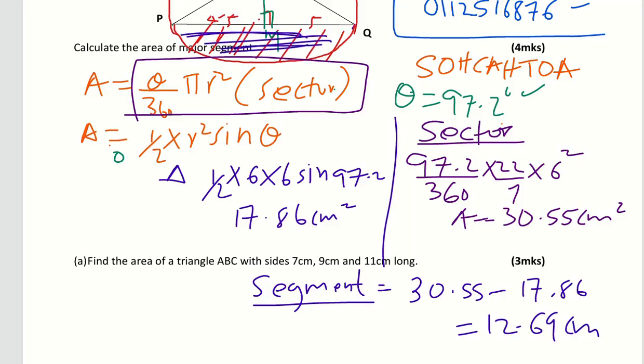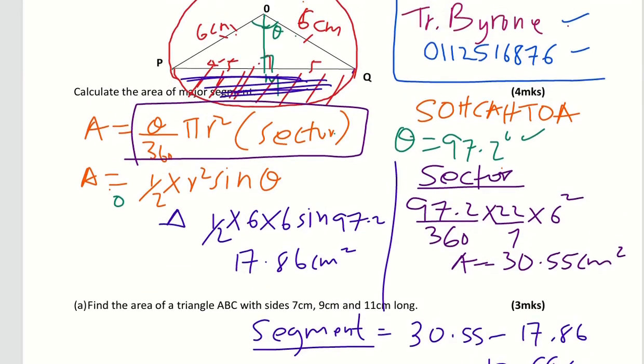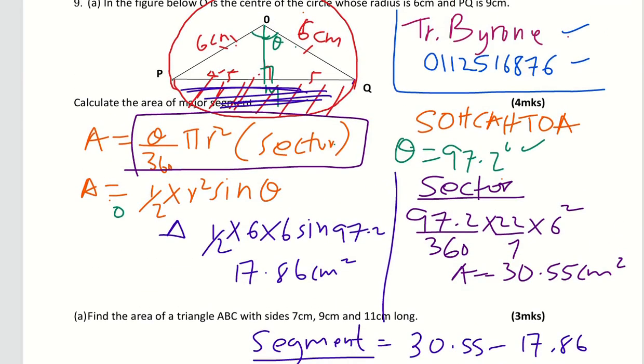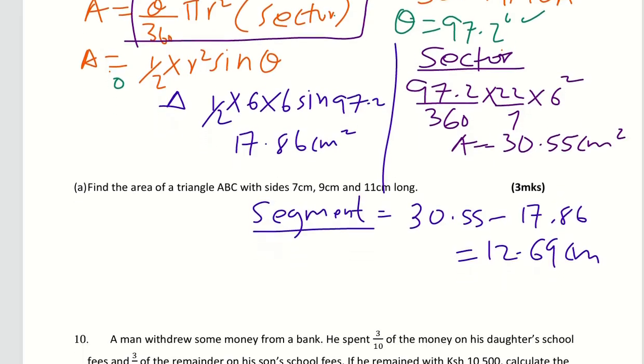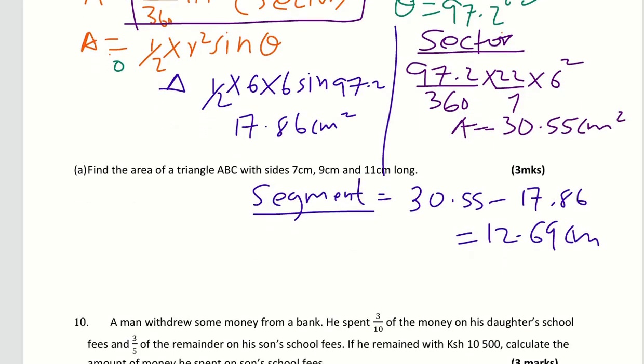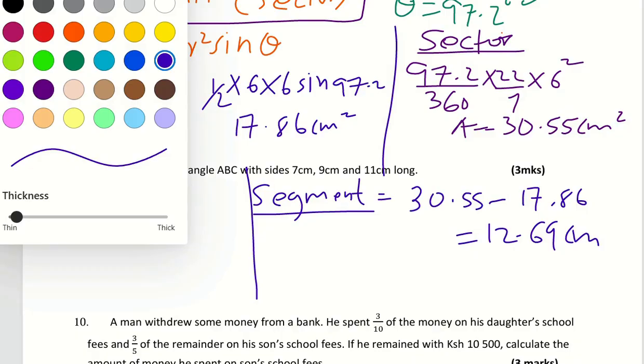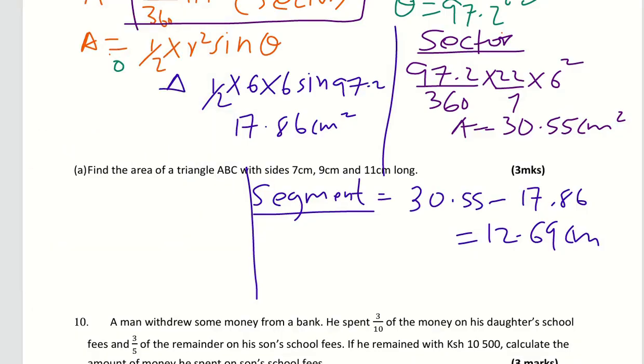But you are asked to find the area of the major segment. So in order to get the area of the major segment, we'll find the area of the circle first. Area of a circle is given by pi r squared, then minus the area of the smaller segment, which in this case is 12.69.